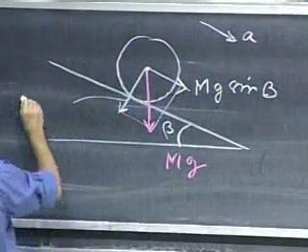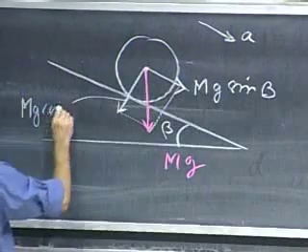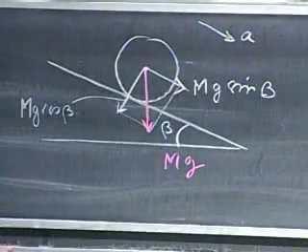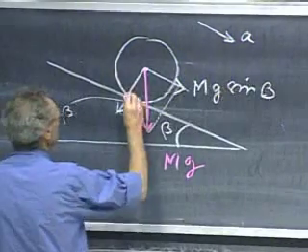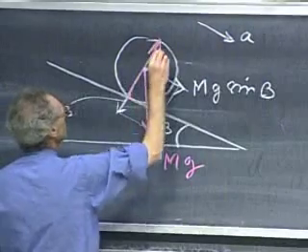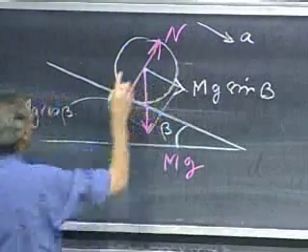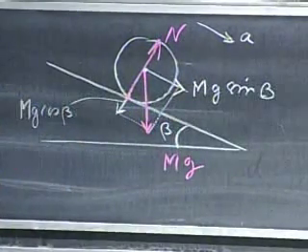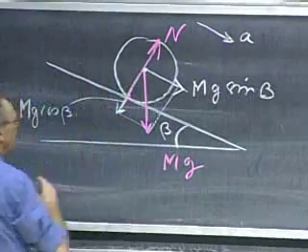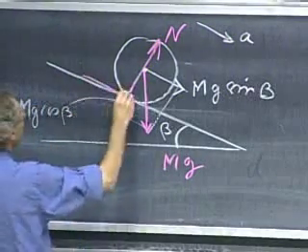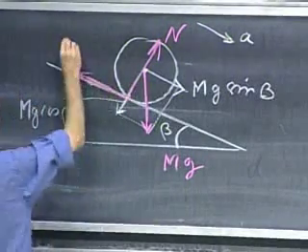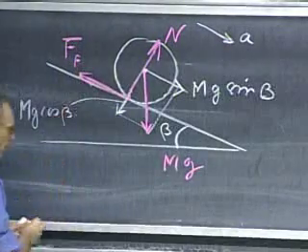And this one equals mg cosine beta. Then there is right here a normal force, and the magnitude of that normal force is mg cosine beta. So there is no acceleration in this direction. And then we have a frictional force here, for which I will write f of f.